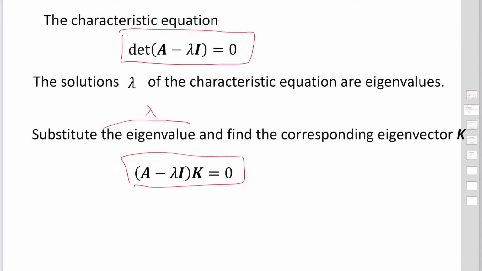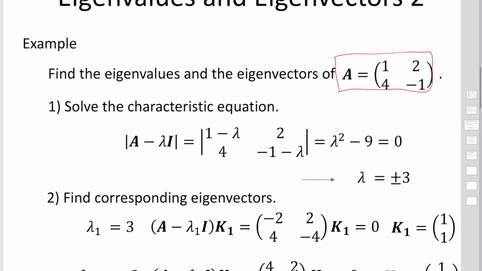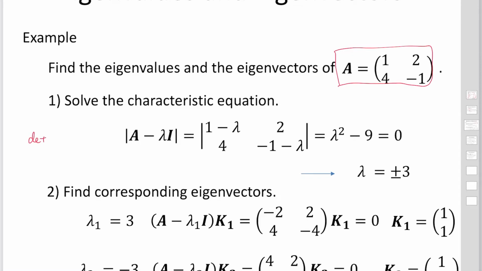I'd like to show you an example. Find the eigenvalues and eigenvectors of this matrix A: 1, 2, 4, minus 1. The first thing to do is solve the characteristic equation. The determinant of A minus lambda I, where A is 1, 2, 4, minus 1, gives 1 minus lambda, 2, 4, minus 1 minus lambda.